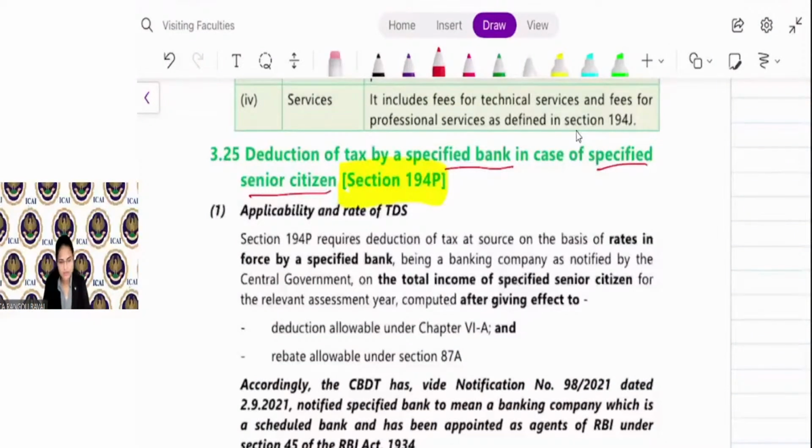Specified senior citizen we will discuss, just wait. Okay, so if you are a non-senior citizen, this section is not applicable. It is only and only for a specified senior citizen. The definition of senior citizen we will discuss. Section 194P requires deduction of tax at source on the basis of rate in force. Here the rate is rate in force.